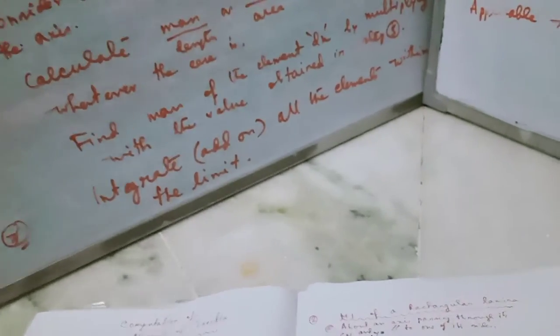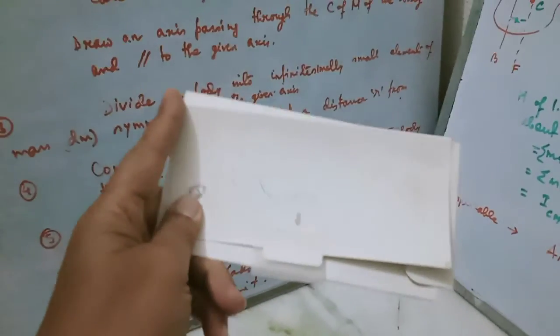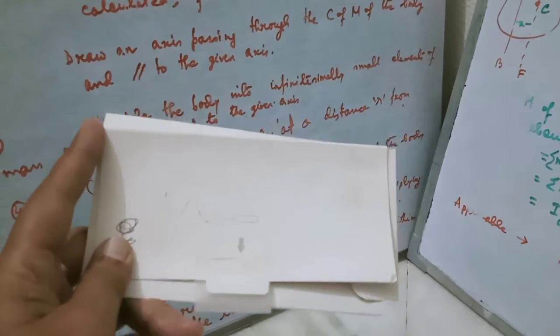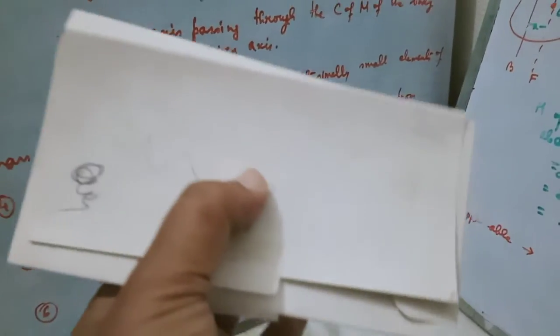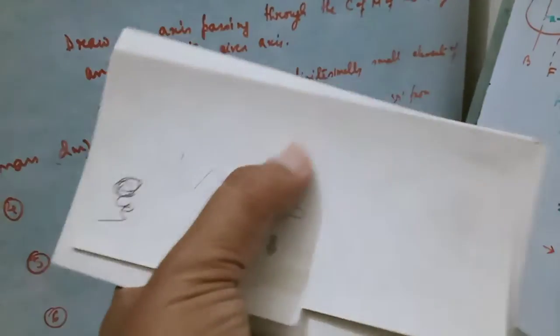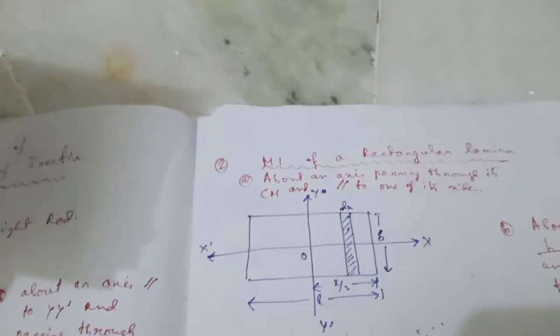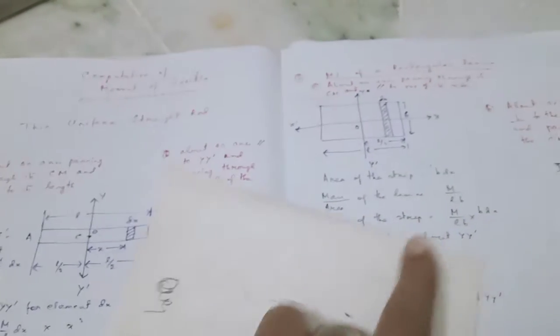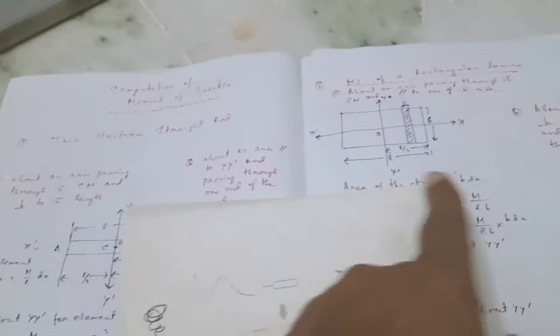This is the central line, this is the center of mass, and the straight line through the center of mass is the y-axis. We have considered an element dl here. This is the breadth and this is the length of the lamina.